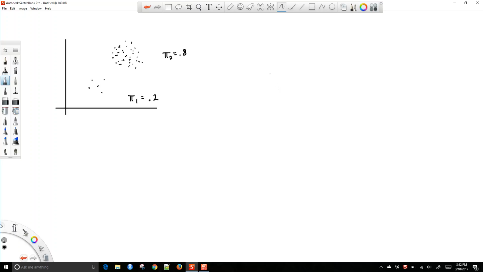So anyway, the total probability of some x sub n is equal to the mixing proportion pi 1 times the probability of x of n for class 1, plus pi 2 times the density for class 2, and so on and so forth until you get to the last component.